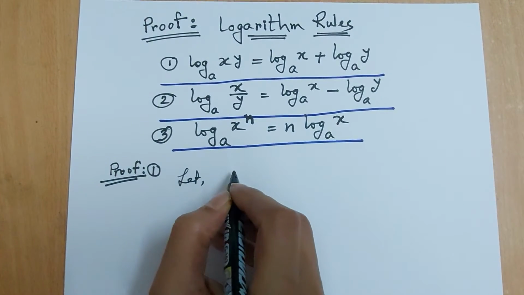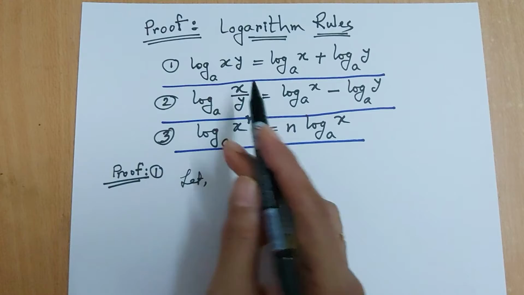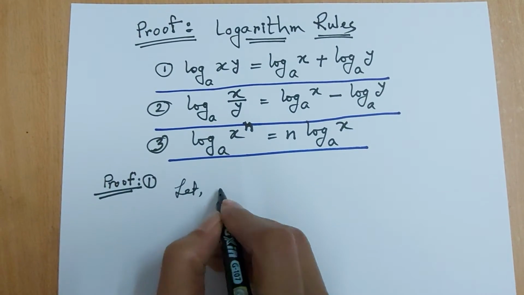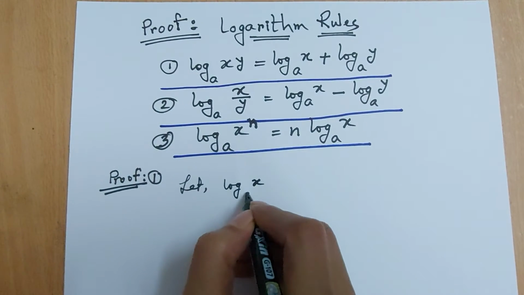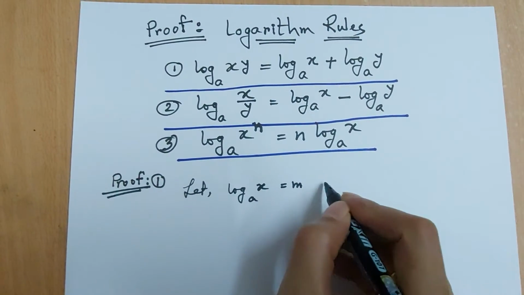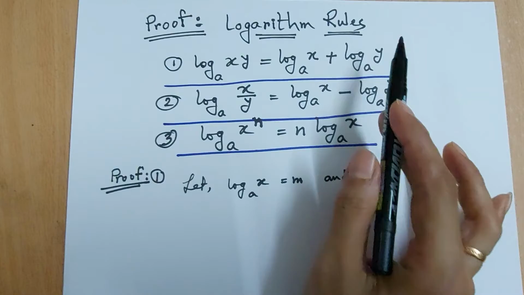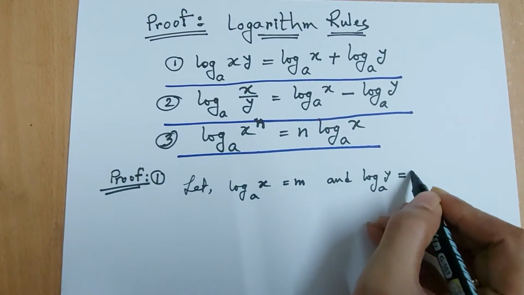let us take log of x times y to the base a. That's why I am taking log of x to the base a equal to m and log y to the base a equal to n.